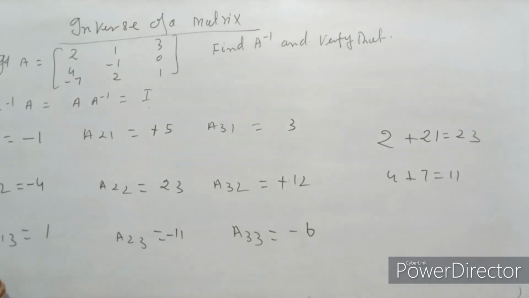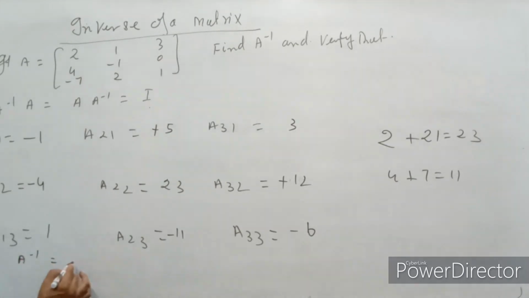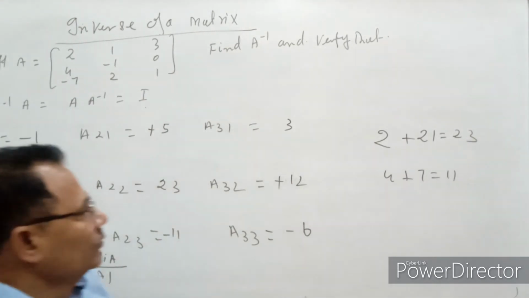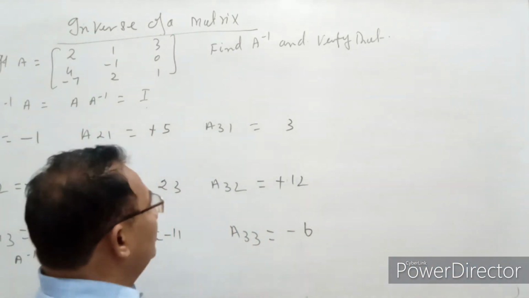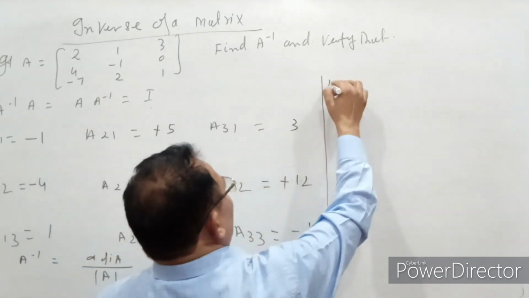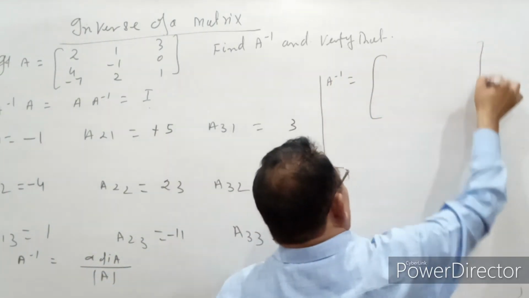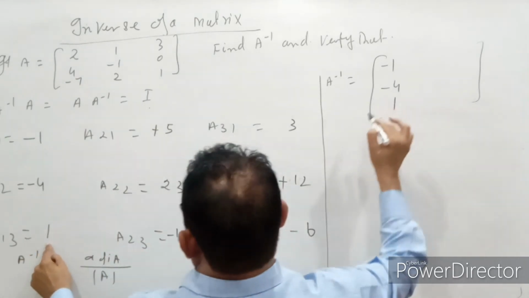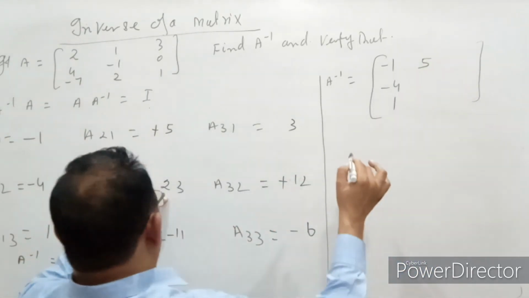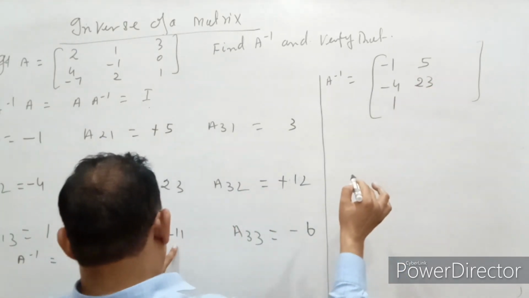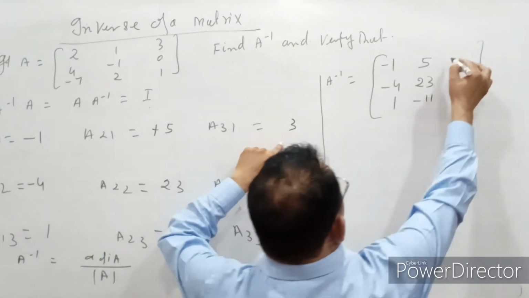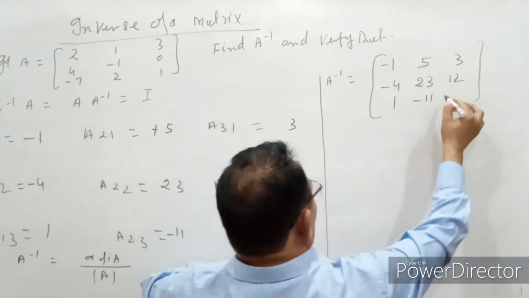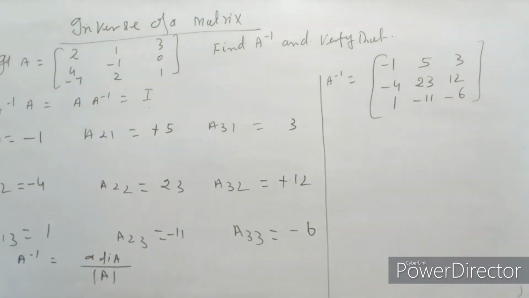So therefore we write the matrix A inverse is equal to adjoint of A divided by determinant A, and therefore we write the value of the inverse matrix A inverse is equal to the matrix -1, that is -4, that is 1, that is 5, 23, that is -11, 3, that is 12, -6. देखिए, this is the value of the inverse matrix.